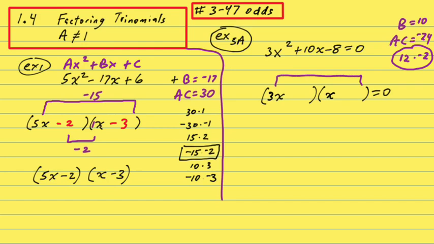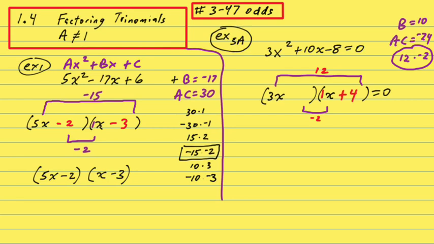3 goes into which of those numbers, the 12 or the negative 2? The 12, right? So I put the 12 up here and the negative 2 down here. 3 times what is 12? 3 times 4 is 12.